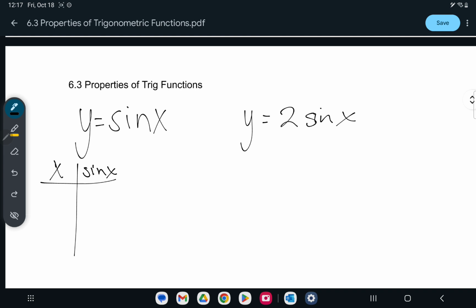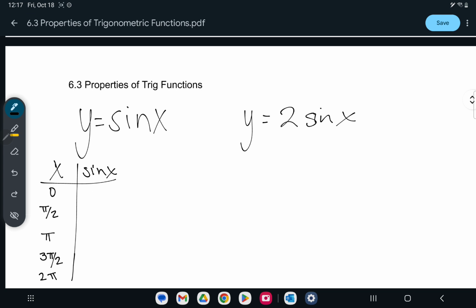Some good values to use would be 0, pi over 2, pi, 3 pi over 2, and 2 pi. So let's do that for sine of x.